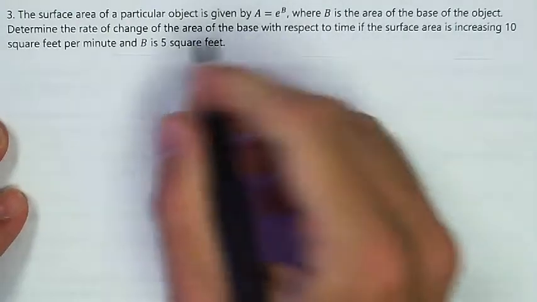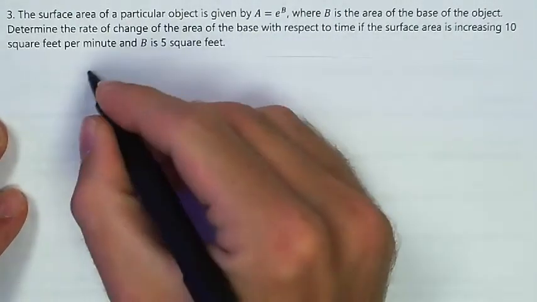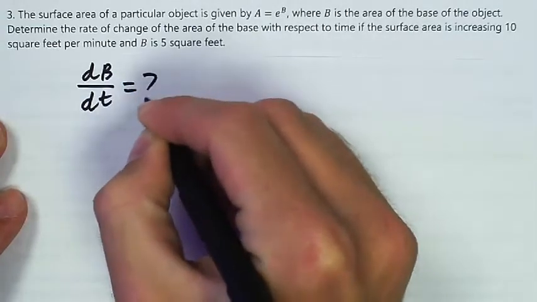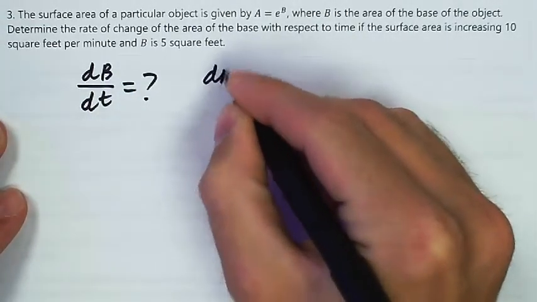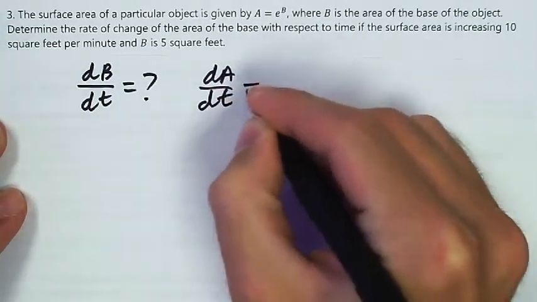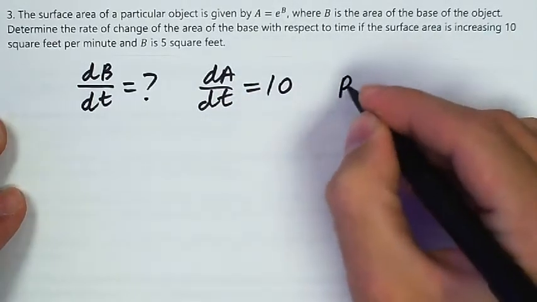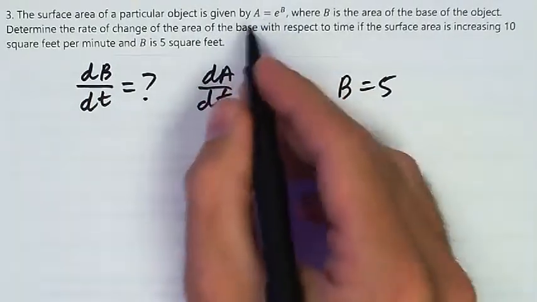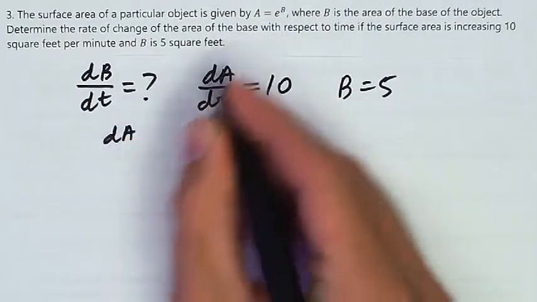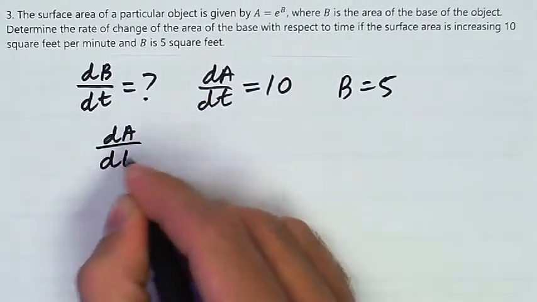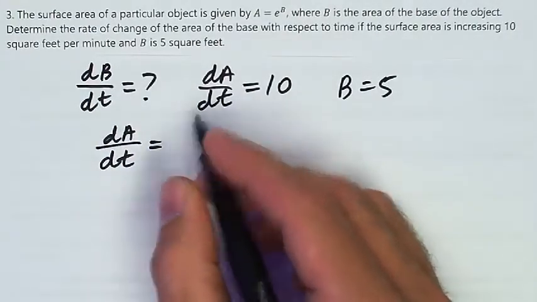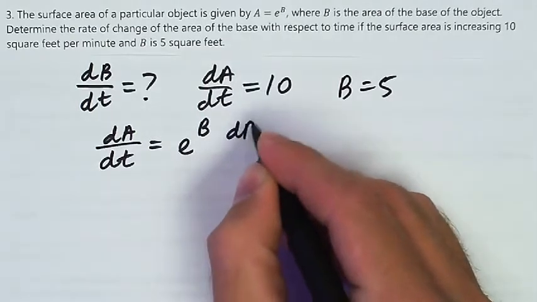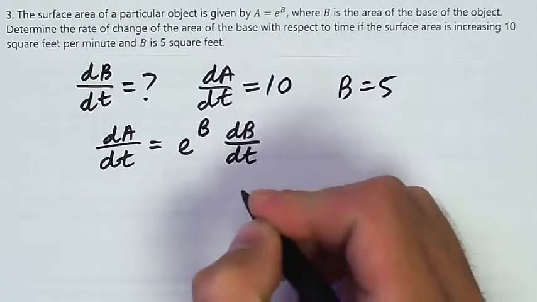Determine the rate of change of the area of the base. So we really want to know what is dB/dt. Surface area, that's dA/dt, equals 10, and B is equal to 5. Well, if I take the derivative of A equals e to the B with respect to time, the derivative of e to the B is e to the B, but B might have its own derivative with respect to time.